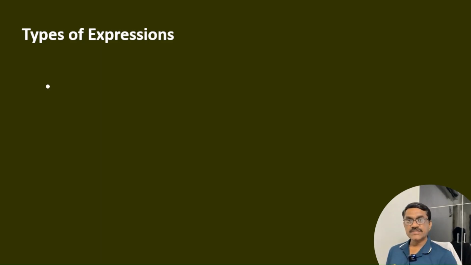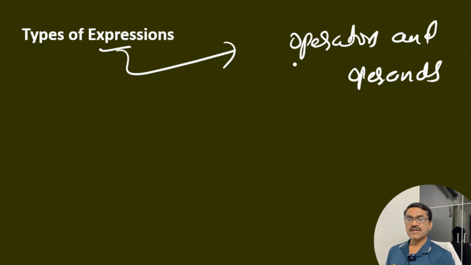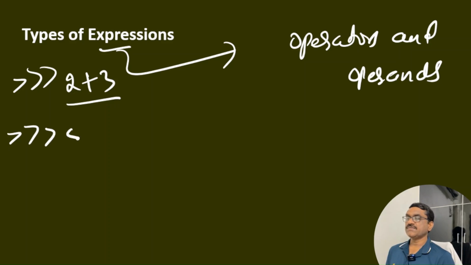First, let us define what an expression is. An expression is nothing but a sequence of operators and operands. This is a simple definition. We can say a combination, a sequence, a collection of operators and operands. Example, at the Python shell, if I say 2 plus 3, then we are going to get the result as 5.